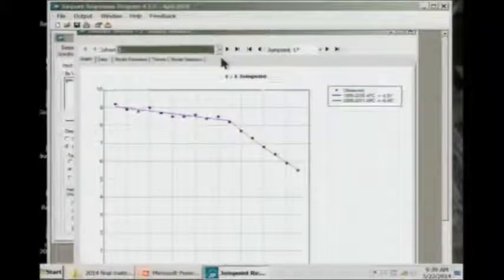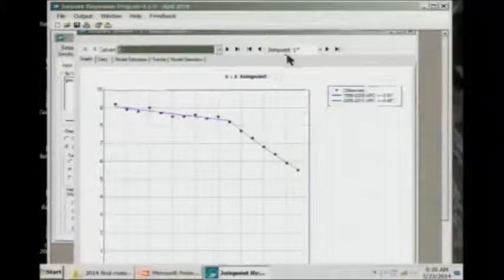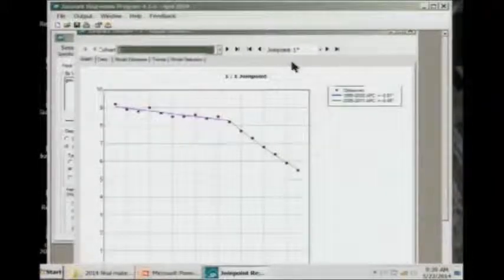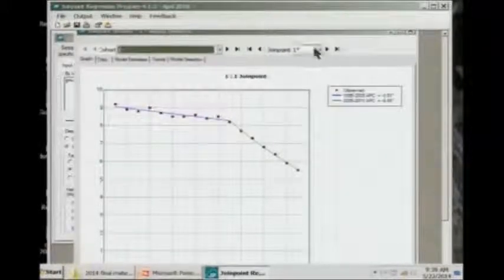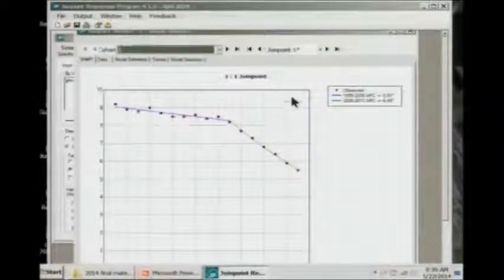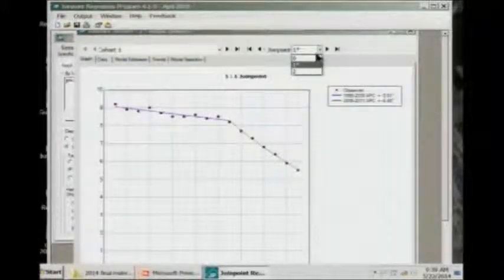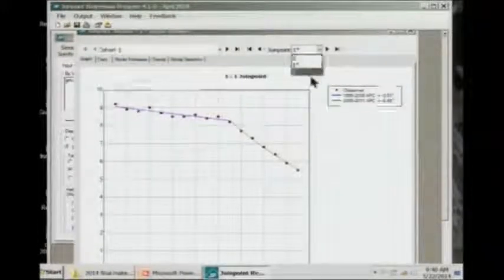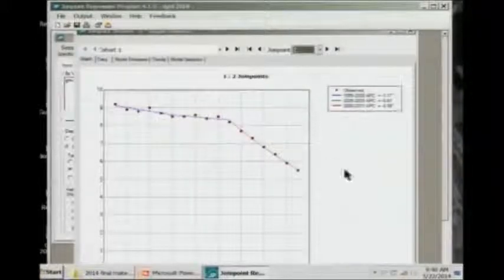One thing I don't like about Joinpoint is it doesn't overlay; you have to look at the cohorts separately. Here it's telling you we asked for 0, 1, or 2 join points, and it says there was 1 join point, and you can see where it is. Just before we look at the other data, I can say, okay, statistically you're telling me there's 1, but what if you also ran it for 2?